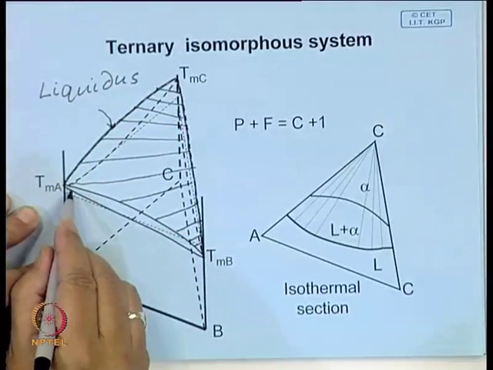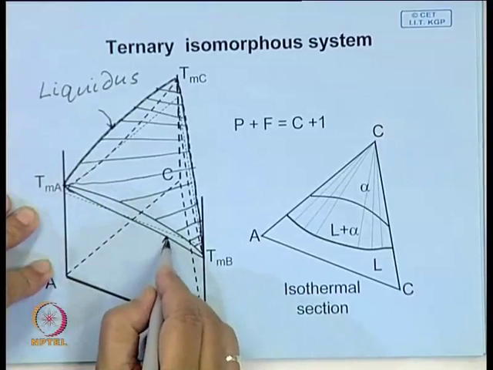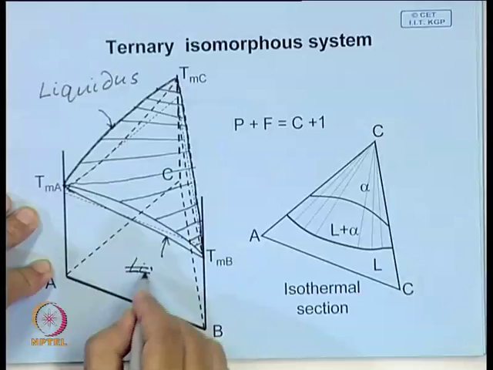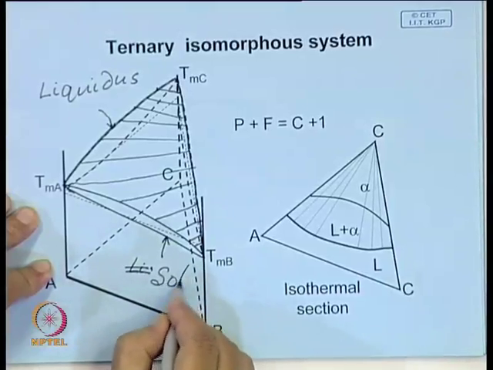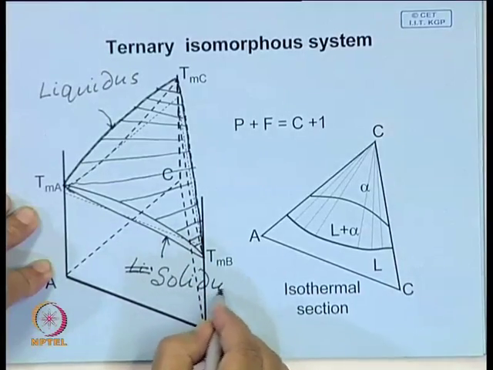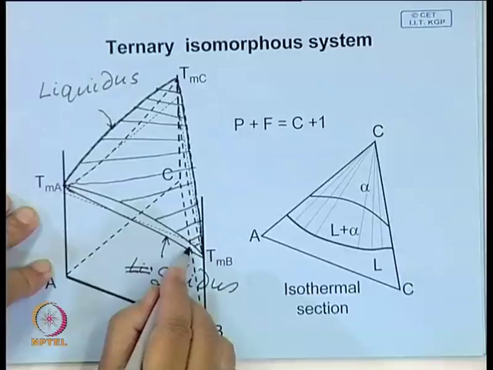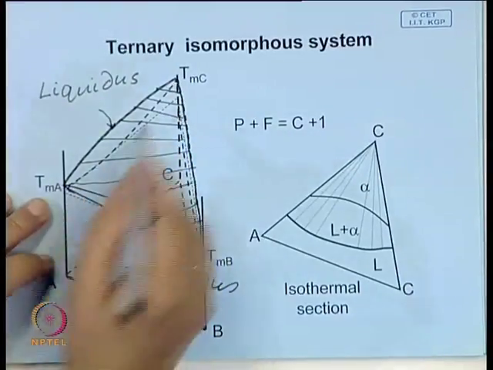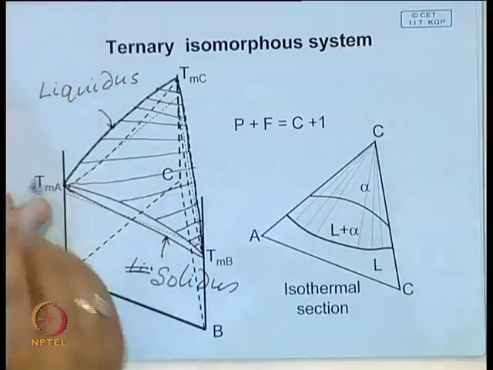Similarly, you can think of the bottom surface joining this liquidus line, this solidus line. This is the solidus line, and the other solidus line, which won't be visible in 3D, is covered by the top surface.